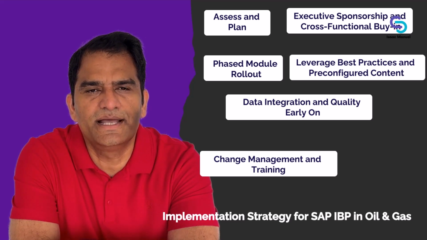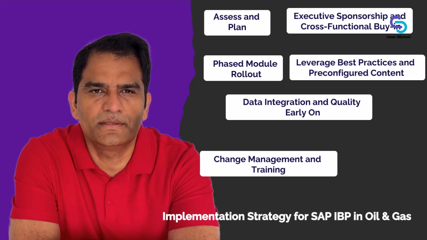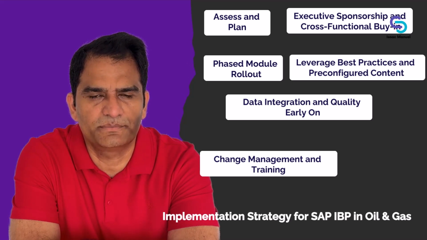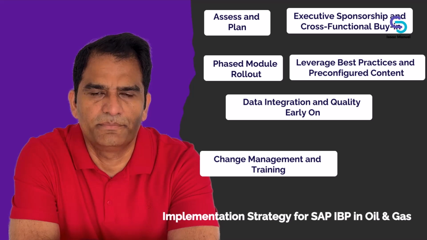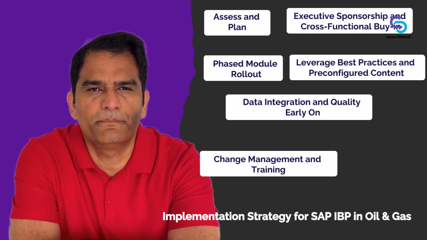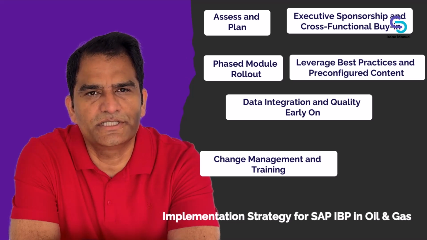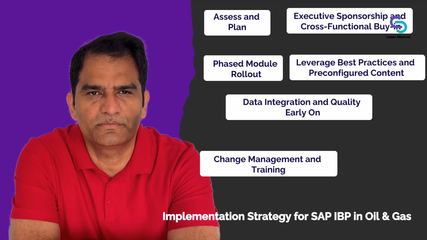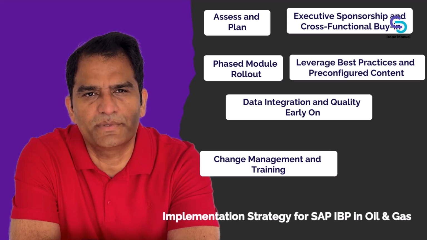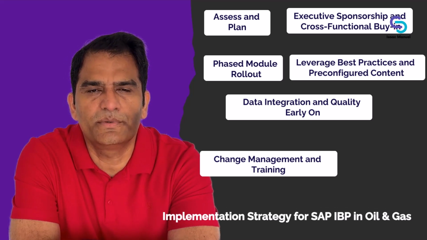In the oil and gas context, where formal integrated planning may be new, an initial training or IBP pilot workshop can help teams understand the concepts and benefits. Many companies find value in creating an IBP Center of Excellence or a dedicated team of power users who champion the new process and continuously improve it post-implementation.